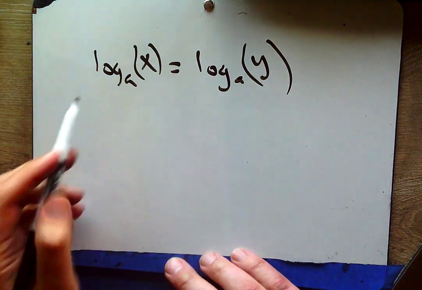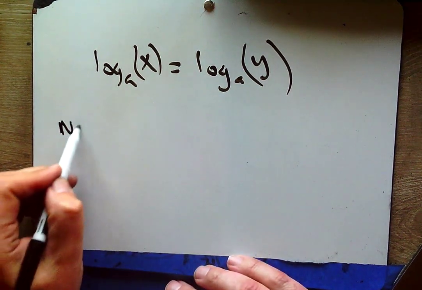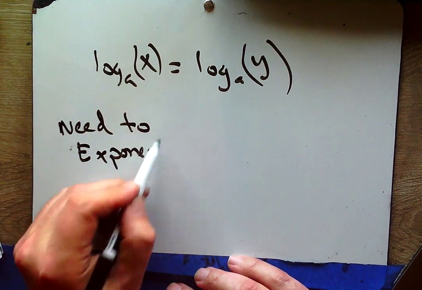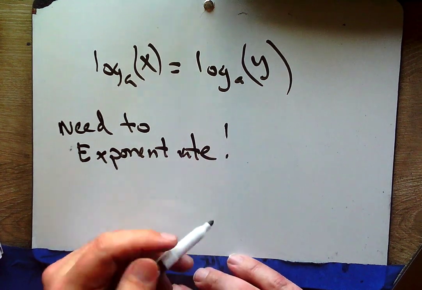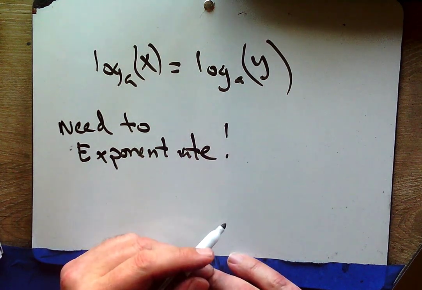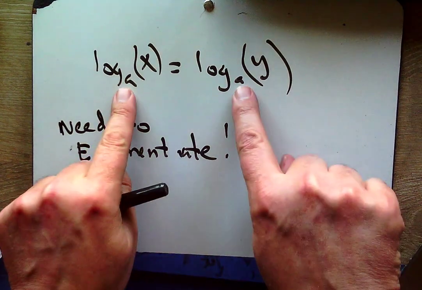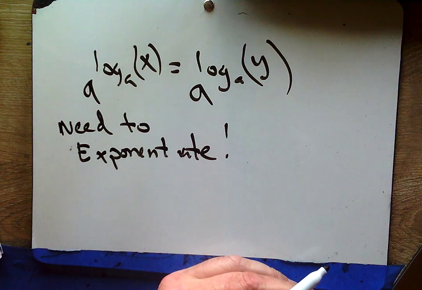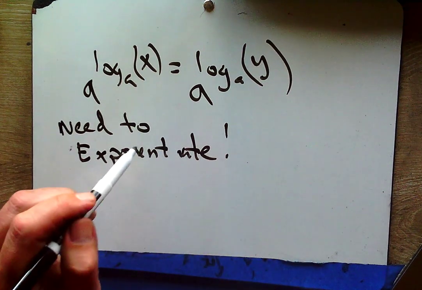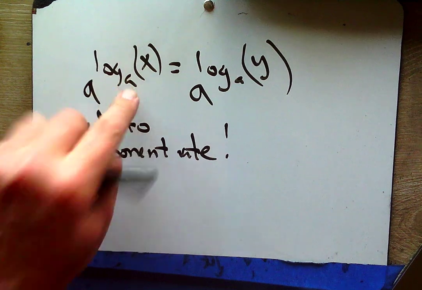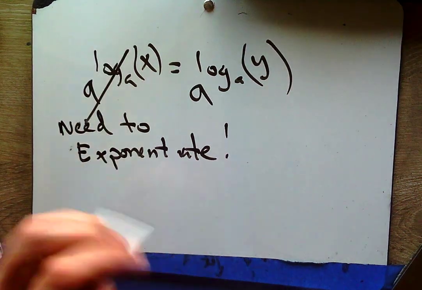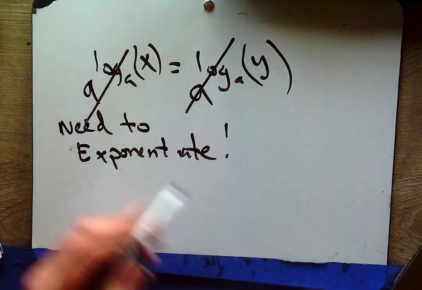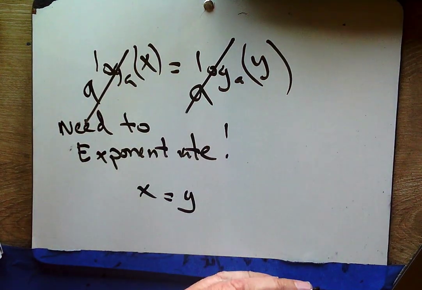And so if I want to get rid of the log, I need to exponentiate. The log base is a, so I'm going to do a to the power of on both sides. And when I do a to the power of on both sides, a to the power of log base a, they're inverses, and they cancel. And so I get x equals y here. Okie doke.